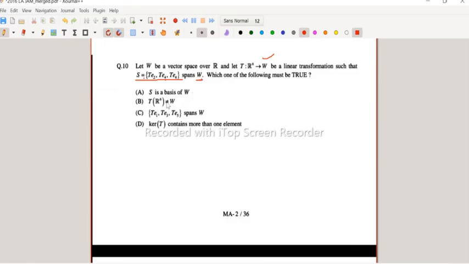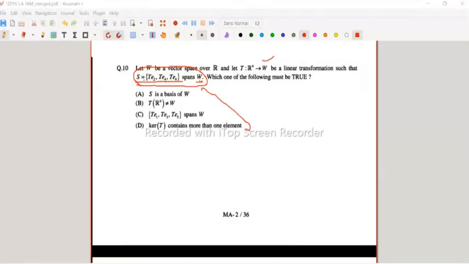S is a basis of W, or the span of S is not equal to W. Just try to think about this. Use the definition. This is a very important point: this spans V, so this spans W. Anyway, I can stop now.